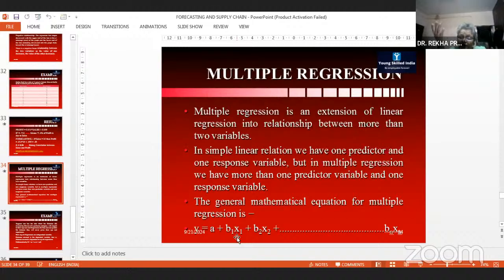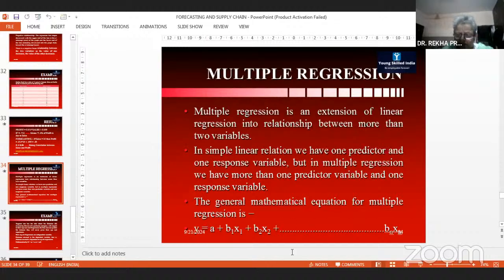Here we have x1, x2, and y. So we can visualize till three dimensions, but four dimensions do not exist. So instead, it is better to take each independent variable separately and see what is the influence of that independent variable on your dependent variable.